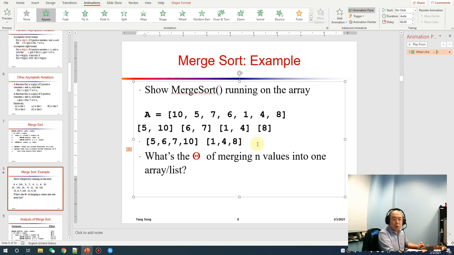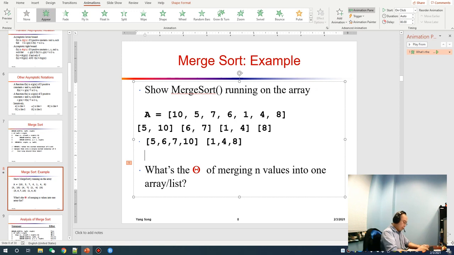Okay, so we haven't finished yet, but by doing the merging, we are getting closer to the final merged list. Okay, so let's do one more merging. So one more merging, we will have 1, 4, 5, 6, 7, 8, and 10. Well, that is the merging. So eventually we merge all the sorted sublists together into one final sorted list.